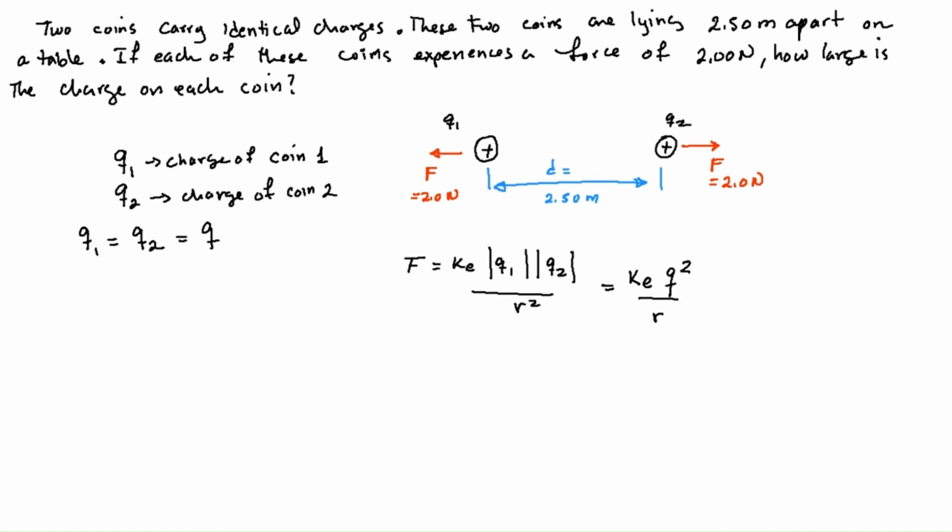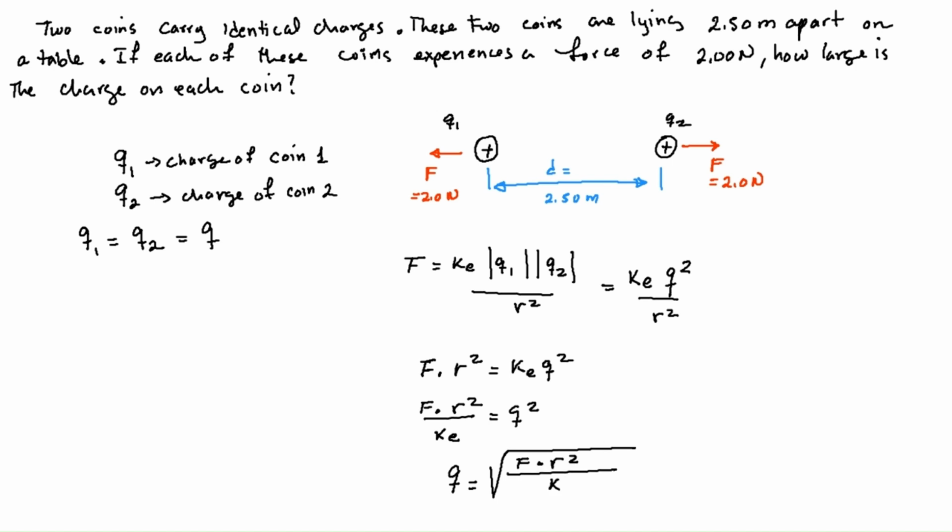So if the force F is K sub E Q squared over R squared, I want to solve for Q squared. So we say that force times R squared is equal to K sub E Q squared. I will divide by K sub E, so the force times R squared over K sub E will be equal to Q squared. So we say that Q is equal to the square root of the force times the square of the distance between the particles over K sub E.